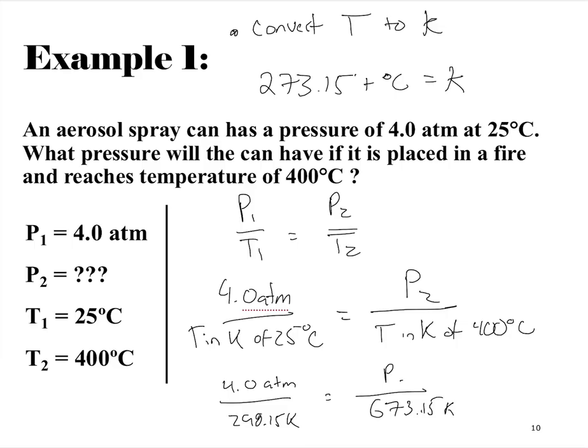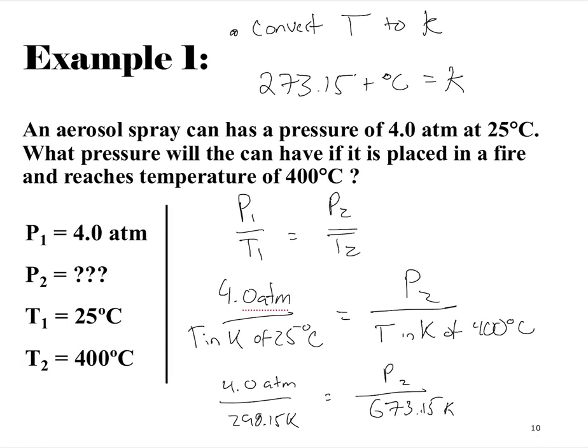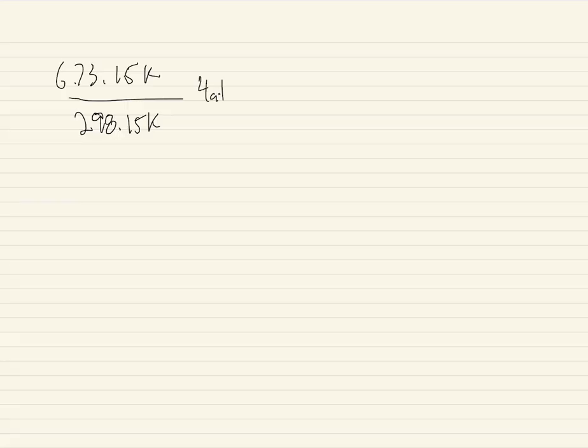And so we have to isolate P2 to solve for our new pressure. So how do we do that? You have to multiply both sides by 673.15 Kelvin. So this would then become 673.15 Kelvin over 298.15 Kelvin times the initial pressure, which was 4 atmospheres, equals our second pressure, right?